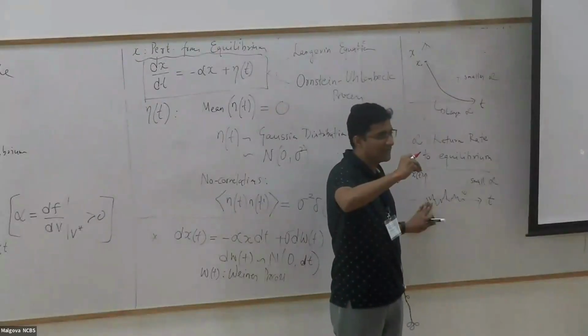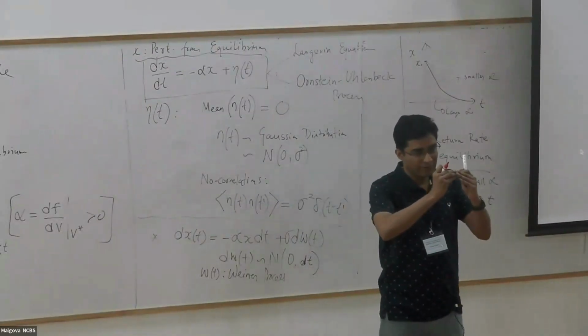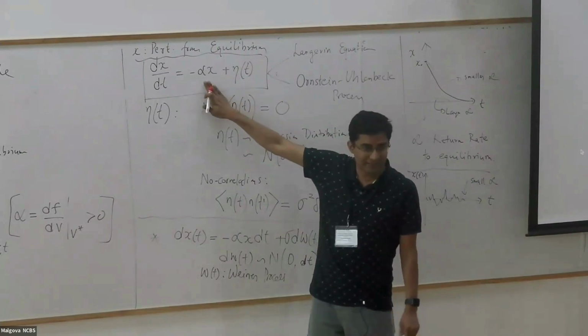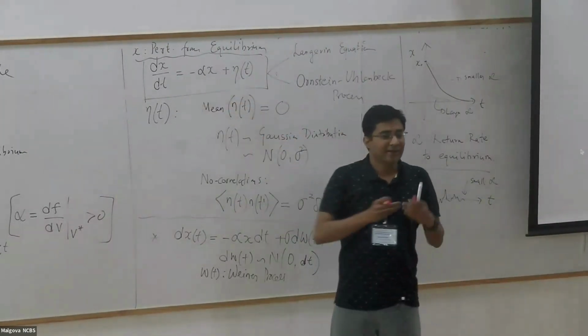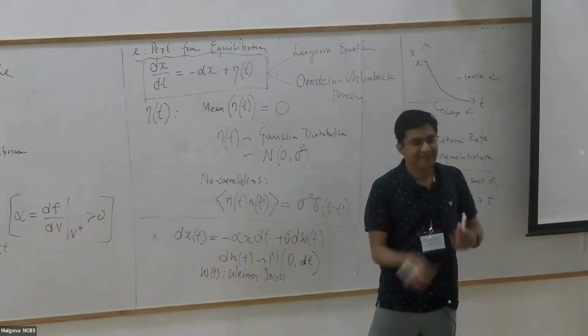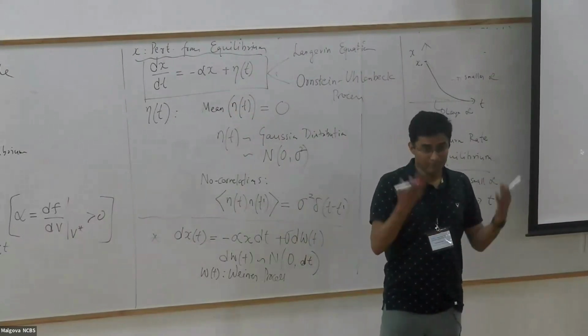Okay, that's a really interesting point. Do all of you agree with him? What he is trying to say is that imagine there was a kick. Now it has moved away from the equilibrium and the system is trying to come back because of the deterministic term. But because alpha is small, it takes longer to come back. Some other kick might push you again, right?